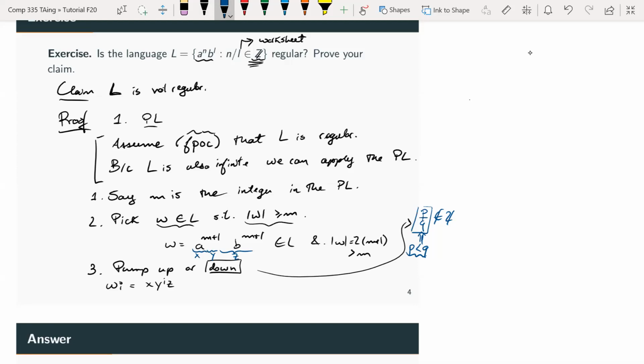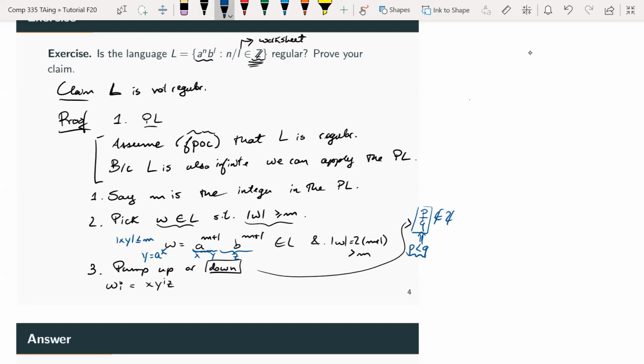And my y here, because I know that xy is less than or equal to m, is going to be all within my a's. Because my xy are all within my a's, my y is actually a string of a's.